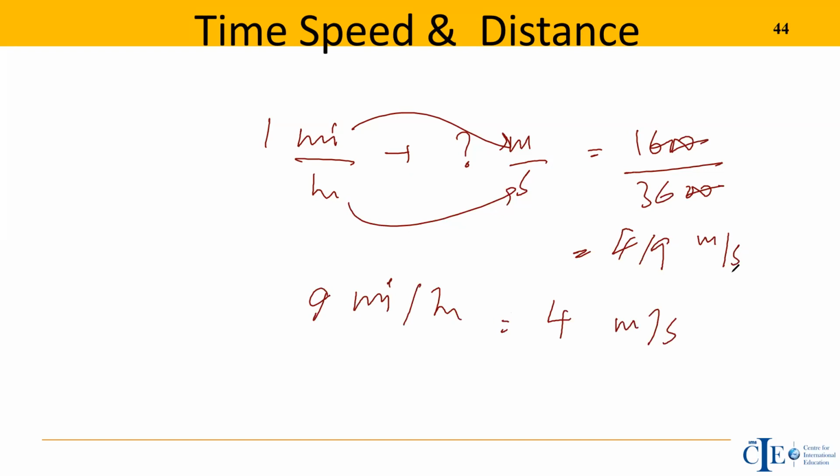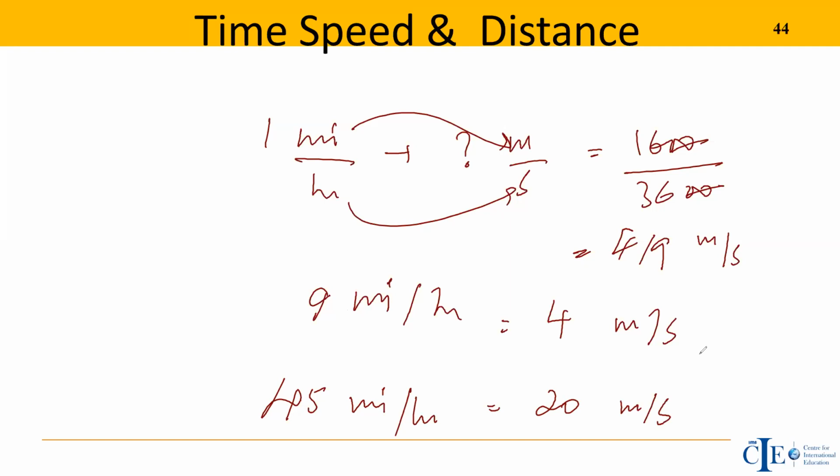So something that is more in integers would be easier to work with. So if the values are mostly multiples of 9, you can simply convert them into multiples of 4. So if you ask what is 45 miles per hour in terms of meters per second, that's 9 into 5, so 4 fives are 20 meters per second. Okay, that becomes very quick.